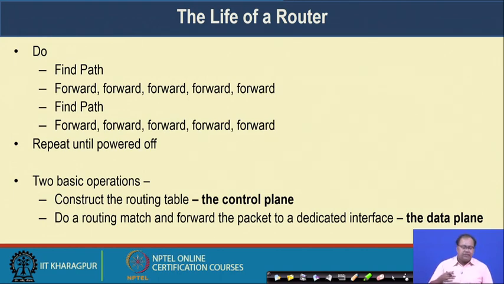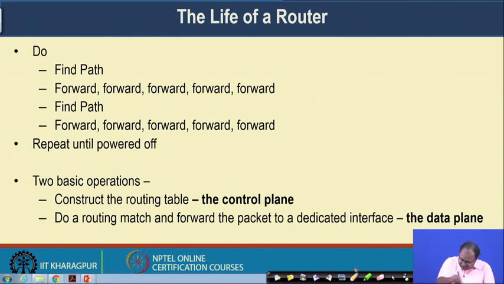Again, whenever a new destination comes, you find out the path and then forward the packets to that destination until the router gets powered off. So, from this simple loop, you can see that there are two basic functionalities of an IP router: first finding a path and then doing forwarding.